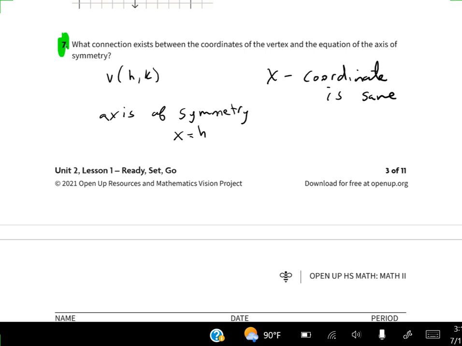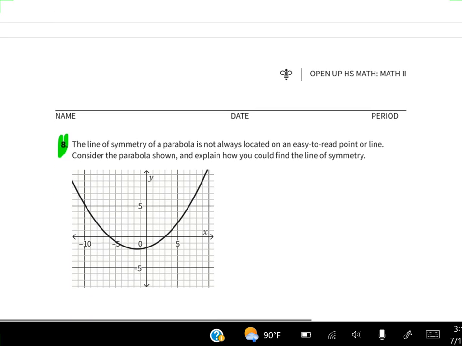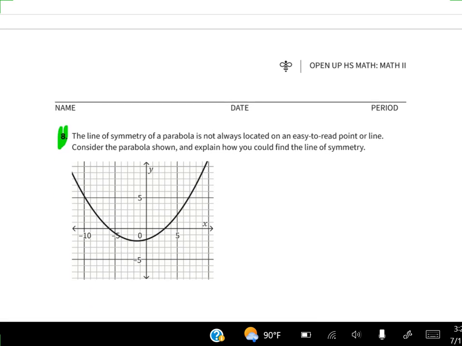Number 8 is a little bit different than what we've been talking about, but still involves the axis of symmetry. Here we're taking a look at the x-intercepts and determining if we could find the line of symmetry.